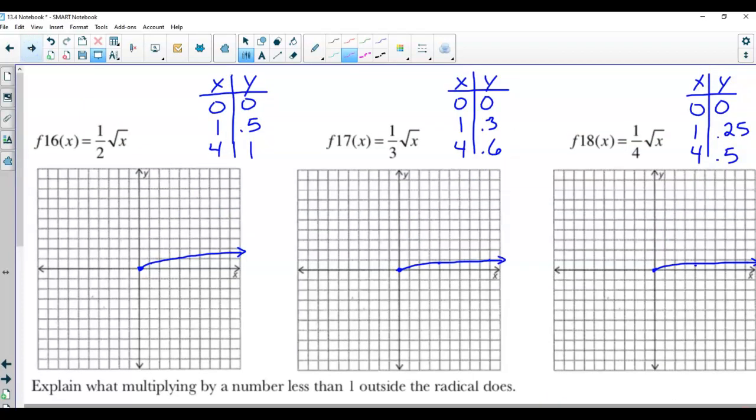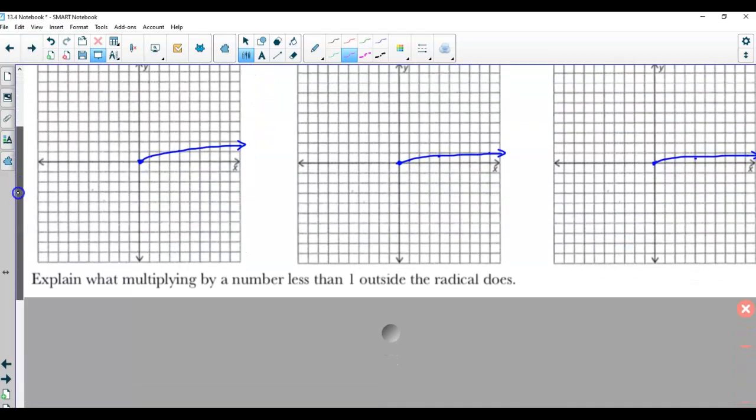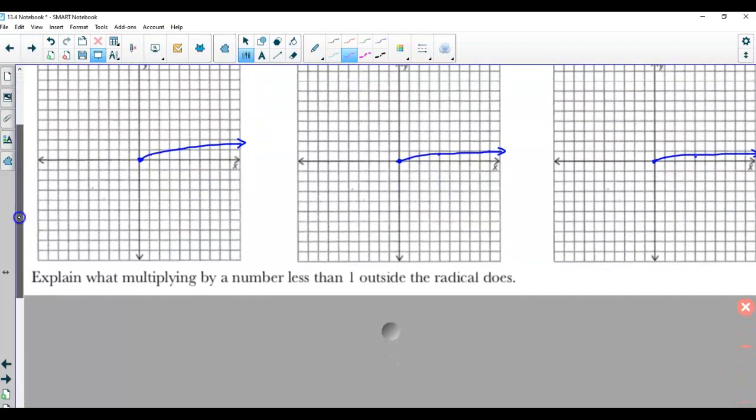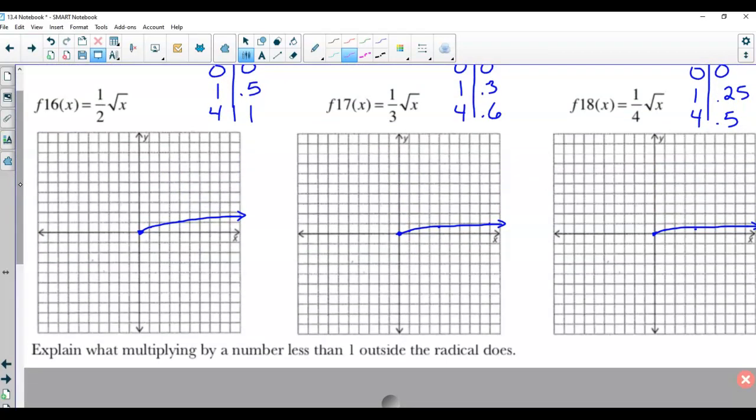Obviously, if that number is smaller than 1 on the outside, it is going to compress or shrink your graph, okay? Normally, I would go over 1 up 1, but now I have to take that 1 times my half to get a half, and then I'm at the half. Typically, I go over 4 up 2, but now I have to take that 2 times my half, and it gets me 1.